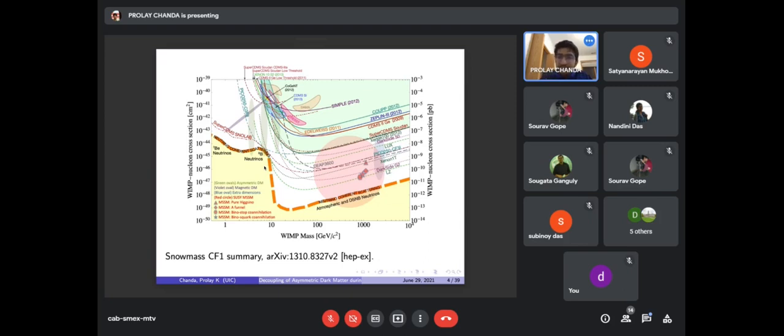It is nice because we can do experiments and figure out in which parameter space the dark matter can be found.